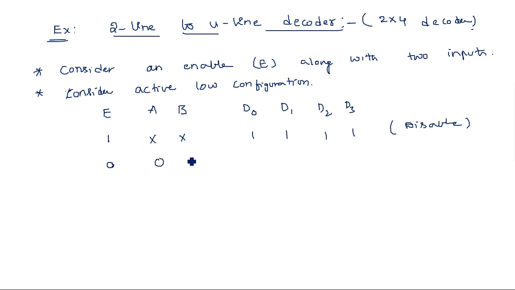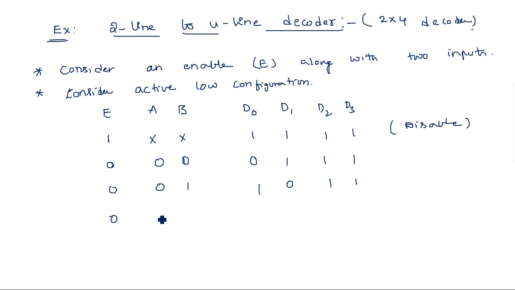Now the control goes to the inputs. Whatever input we are considering, the corresponding bit will be highlighted and all others are deactivated. Again 0, 0, 1. Enable equal to 0 means the chip is activated, and A equal to 0, B equal to 1 means the output is D1. So D1 is activated and the remaining are ones. 1 means active low here.